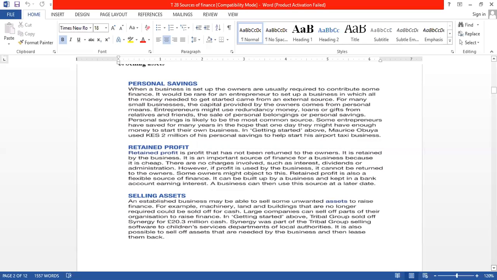Redundancy money means, if you work somewhere and lose your job, sometimes an organization asks you to leave because you are no longer required, or because the business is going to reduce its size or capacity as a strategic plan. In that case, the organization has to give some compensation to the workers who are leaving because of the company's wish, not because of any fault of the workers.